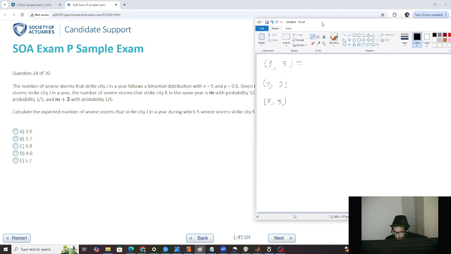So 10 times 0.6 to the third times 0.4 squared. And then that's probability of 3 hitting J times another 1/6. That gets you 0.0576.